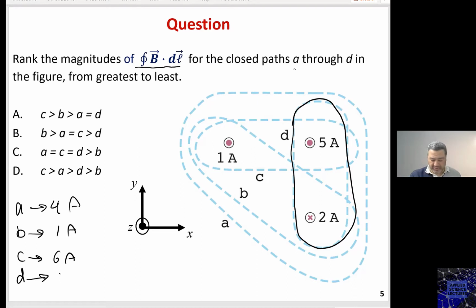Net is 3 ampere. So now ranking them, C would be the greatest. Then comes A, then comes D, then comes B. So the answer is C, A, D, B.